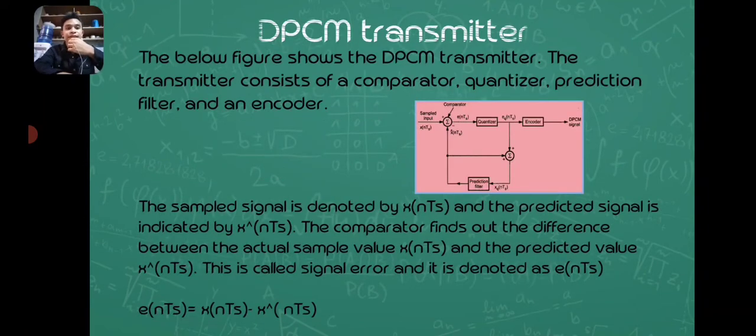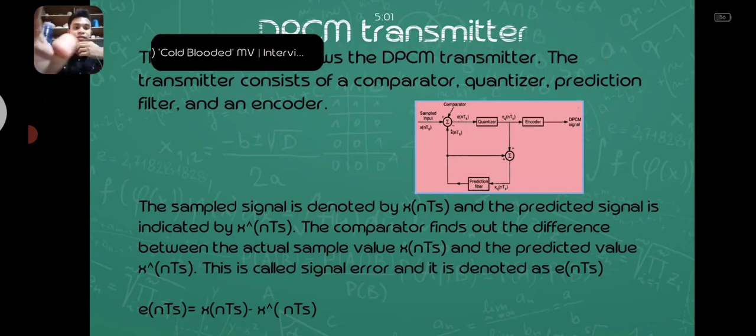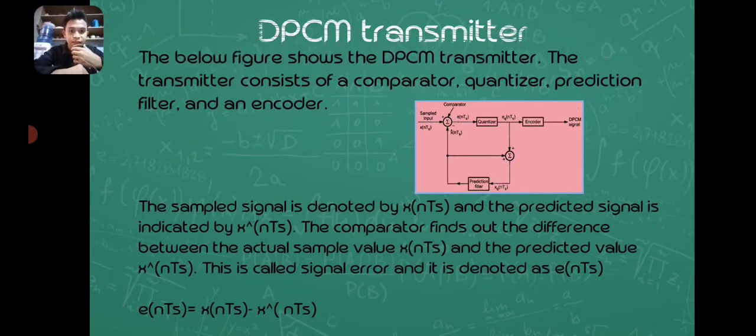This is the DPCM transmitter. The below figure shows the DPCM transmitter. The transmitter consists of a comparator, quantizer, prediction filter, and an encoder. The sampled signal is denoted by x(nTs), and the predicted signal is indicated by x^(nTs).